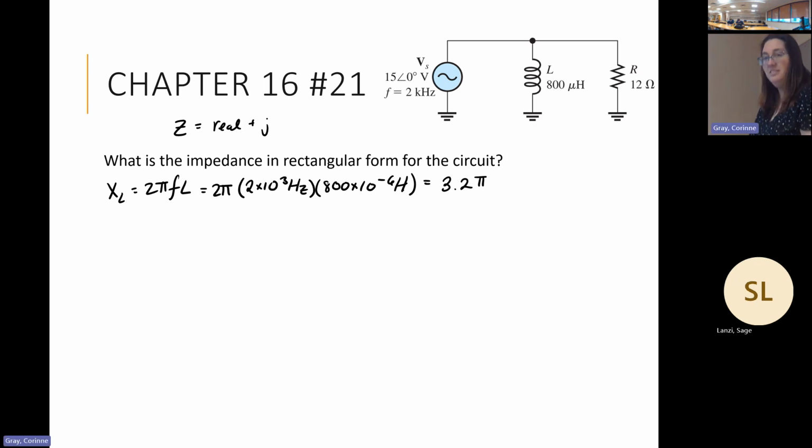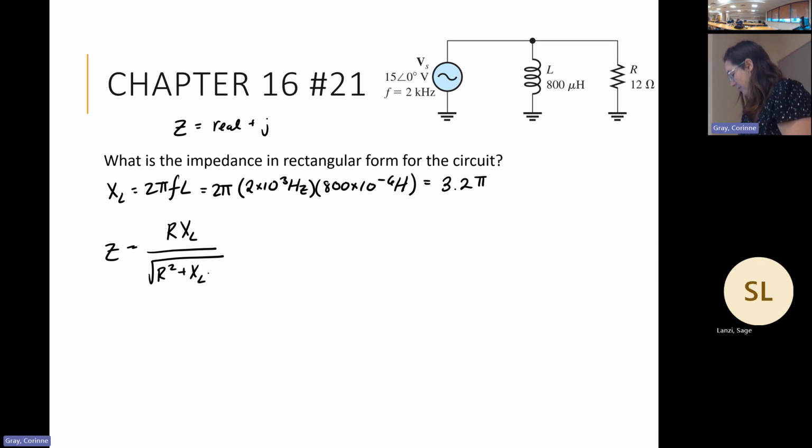Yeah, let's see. So we can use Z is equal to R XL over the square root of R squared plus XL squared to find the magnitude for it.